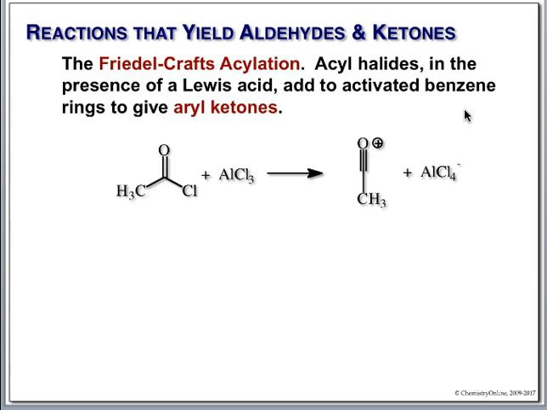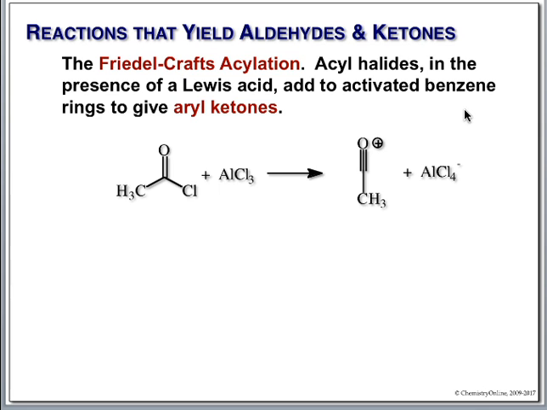All right, now we're back in 235. We also know that we can make ketones using a Friedel-Crafts acylation. If we take an acid halide of some sort and a good Lewis acid, we can produce the acylium ion. Very, very good electrophile.